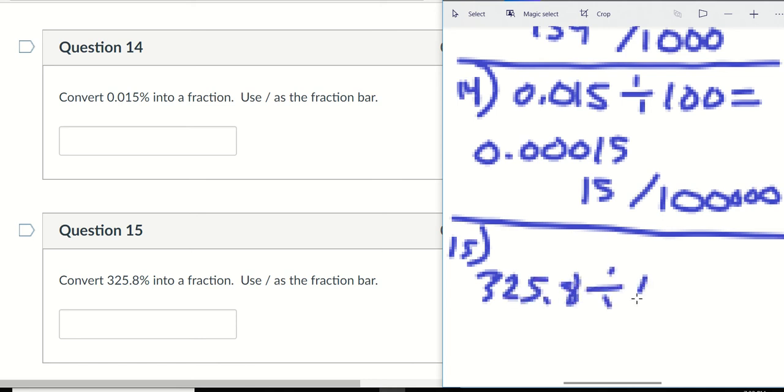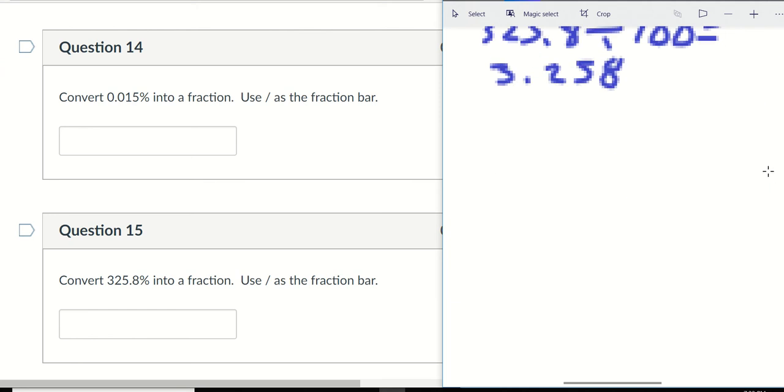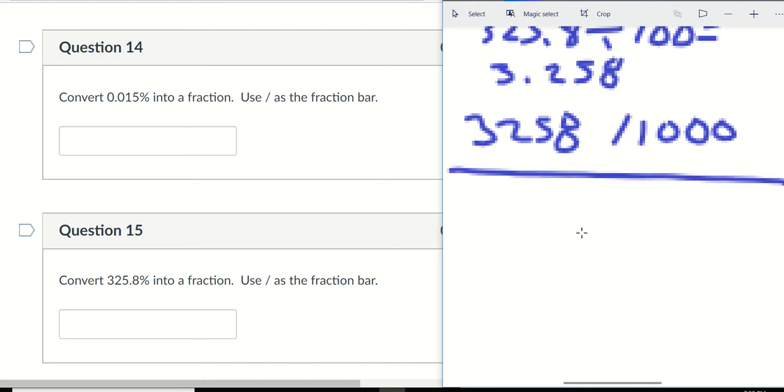Remember, divide by 100 first. Sound like a broken record, but it's going to help you guys remember. All right, we got tens, hundreds, thousands. The 8 is in the thousandths position. Just put all those digits. 3,258 over 1,000.